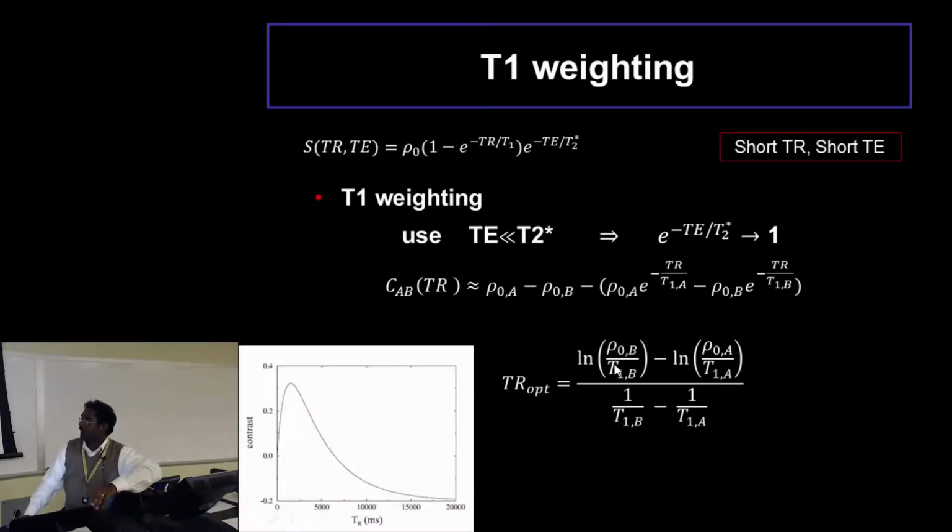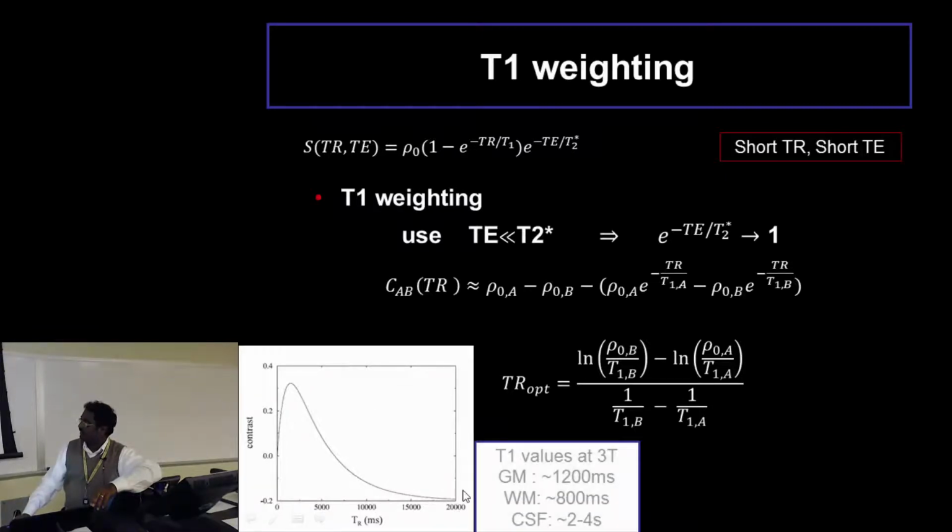And if you plot this expression as a function of TR, then you will see that this is the contrast between gray matter and CSF, calculated as gray matter minus CSF.